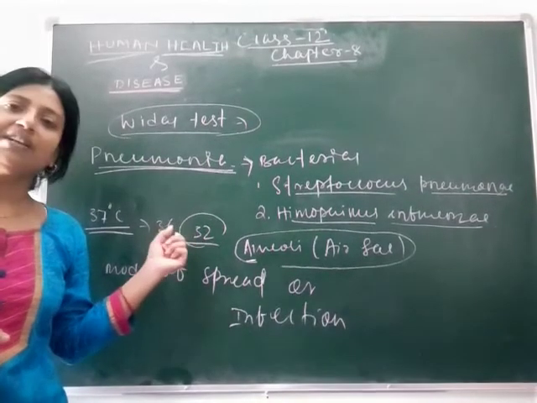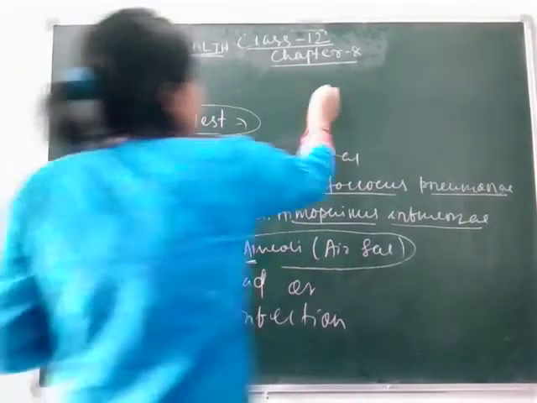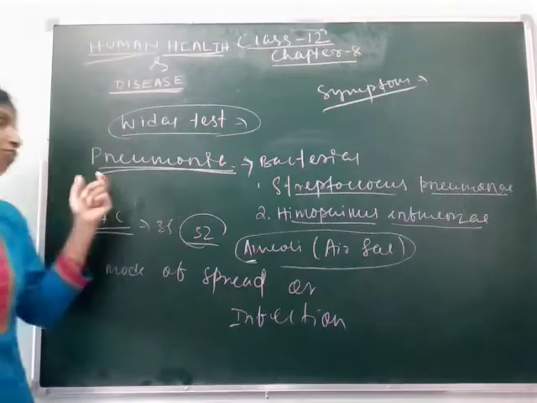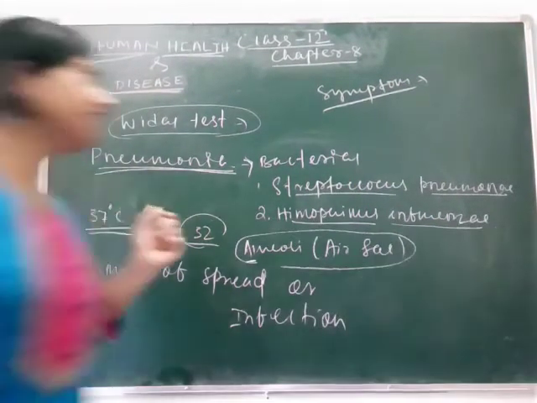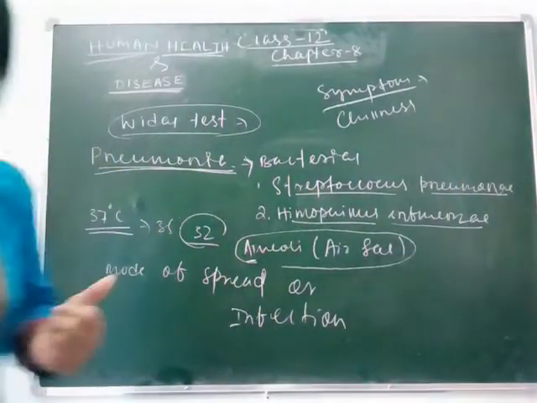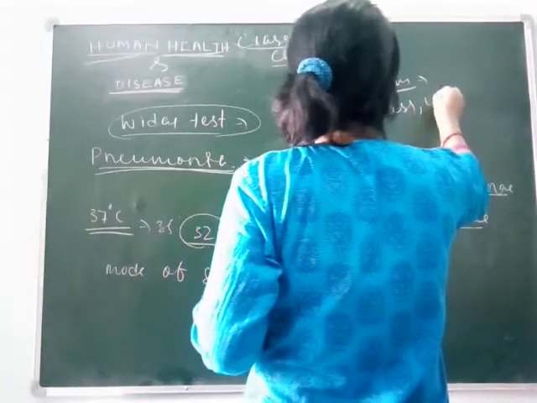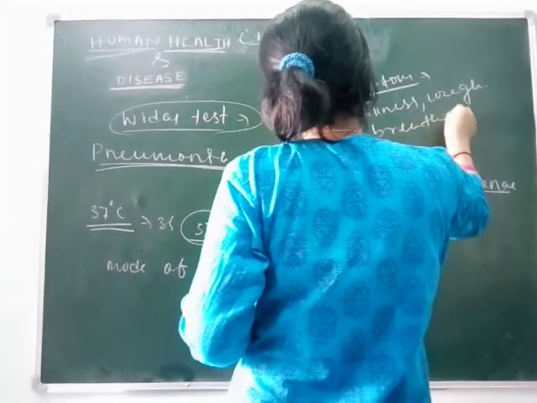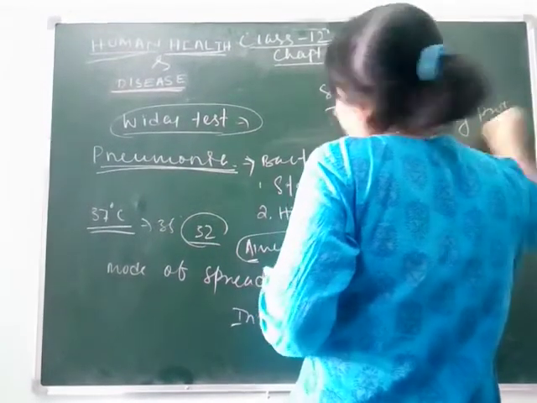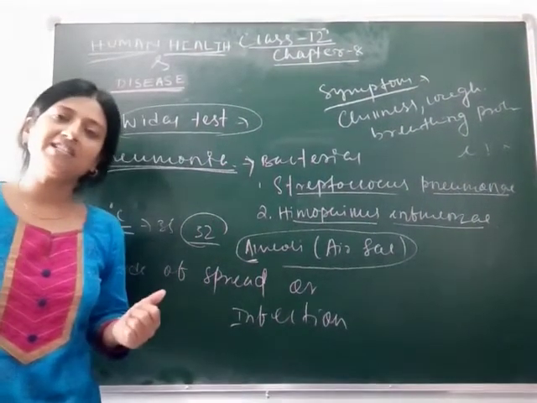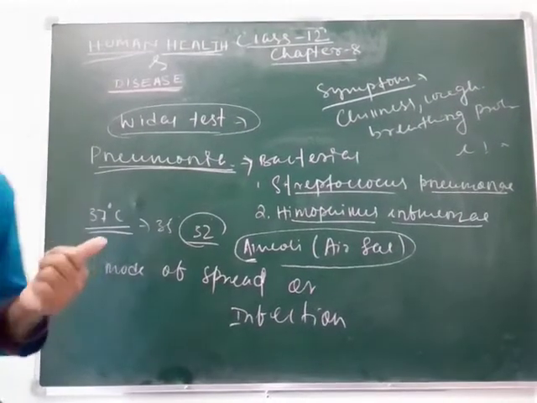So, as we know, symptoms are the most important factor to identify any disease. The symptoms to identify pneumonia are chillness, which means shivering from cold, cough, breathing problems, etc. In some severe cases, the patient may die.